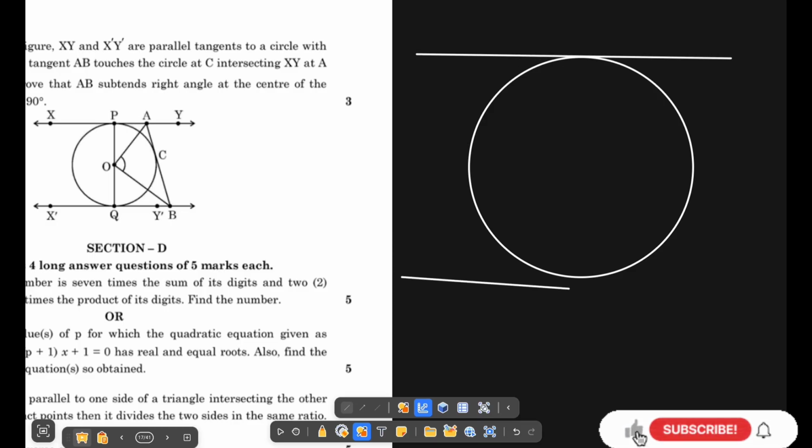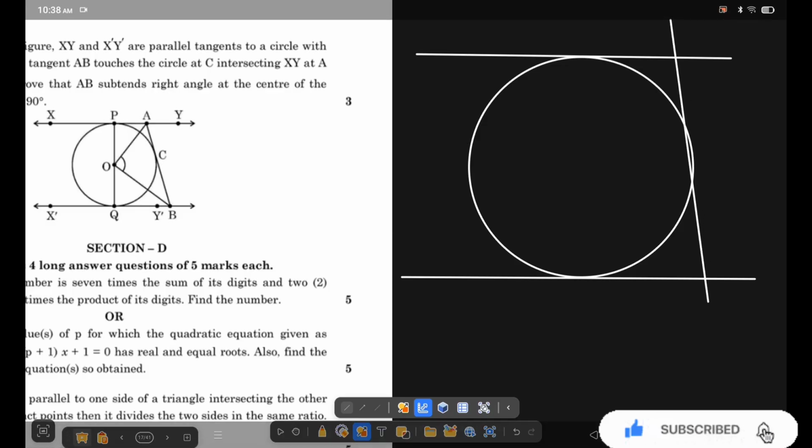So this is one tangent and this is another tangent, and this one is one more tangent.